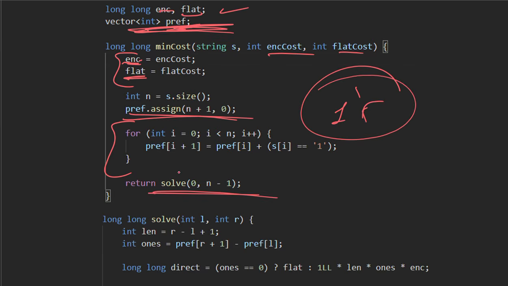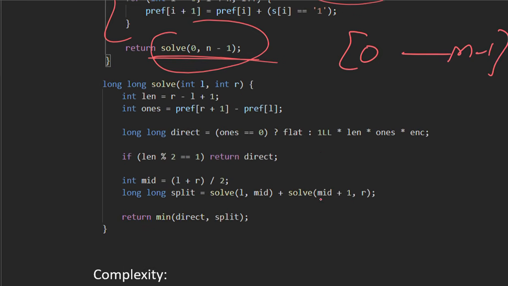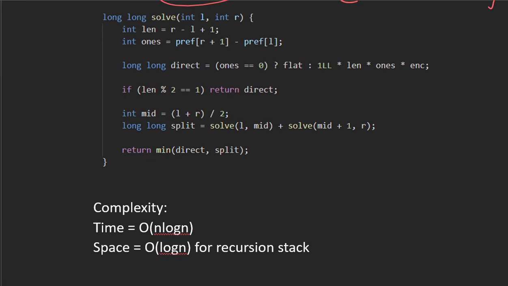Then we call the solve function for the biggest segment, that is the whole string, 0 to n minus 1. In the solve function, we take the segment from L to R, find the length of the segment and the number of ones, and then we find the direct cost.